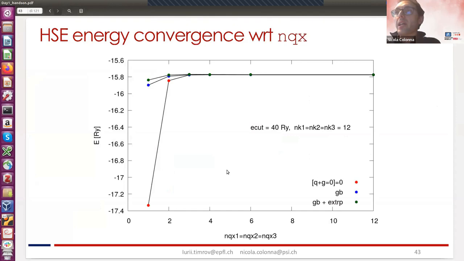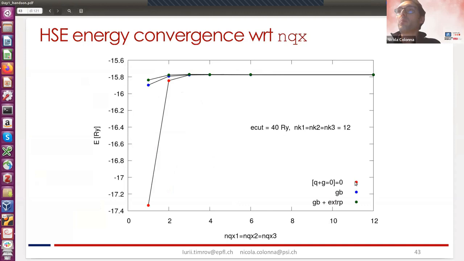Now, as an extra example, I also prepared a simulation for HSE, which is a range-separated hybrid functional. In this case, what I want to point out is that, because this is a range-separated hybrid functional, we actually have zero exact exchange component at long range. This means that we no longer have the q equals 0 divergence, and this means that the convergence with respect to the q-point mesh is much faster, as you can see in this plot.